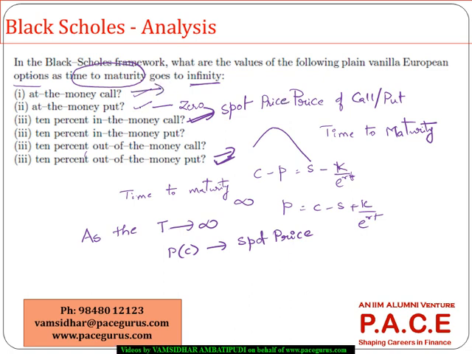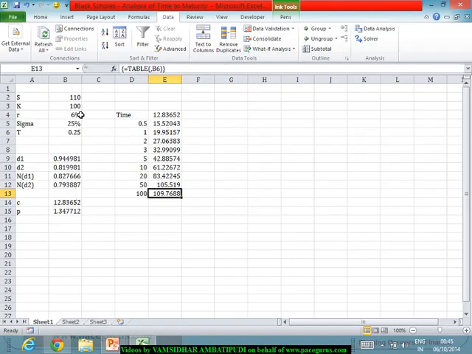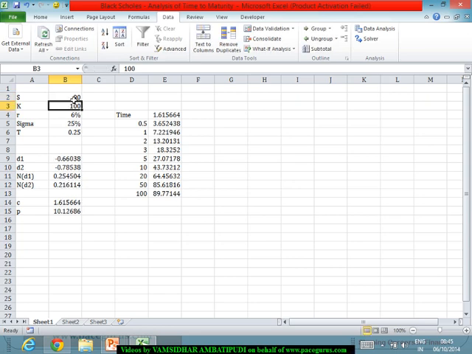Whereas in case of put, we are observing a pattern that it goes up and after that it comes down. The same logic, if I am taking the spot price as 90, then this is 10% out of money call and 10% in the money put.